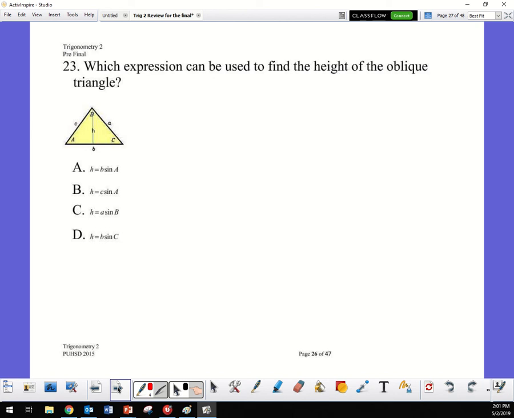All right, so which expression can be used to find the height of the oblique triangle? Okay, so we're trying to find the variable h. So I could do it from A or C. If I do it from A, that's just the A plus B. Okay, so now, nope. I'm going to use SOH CAH TOA.